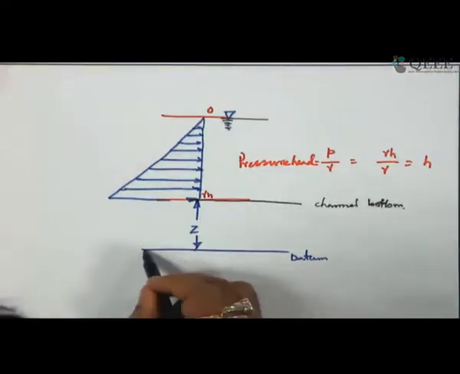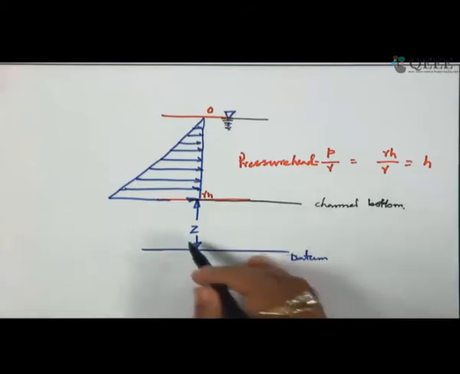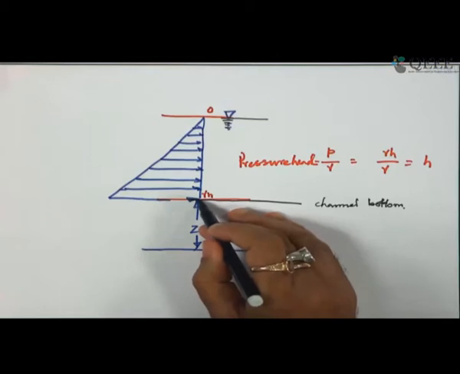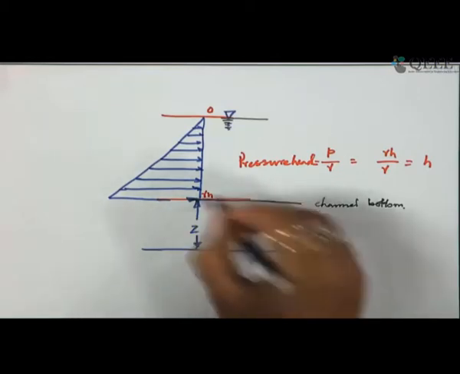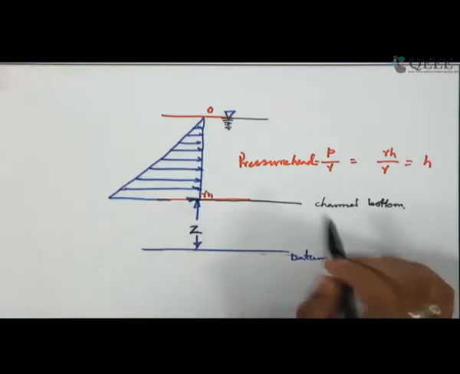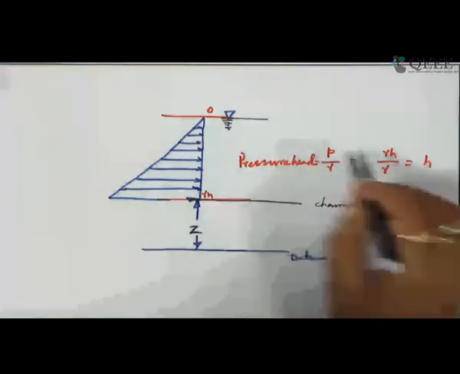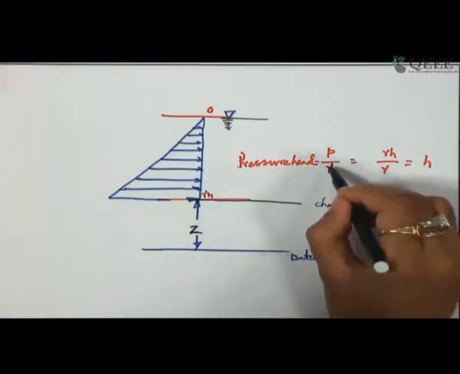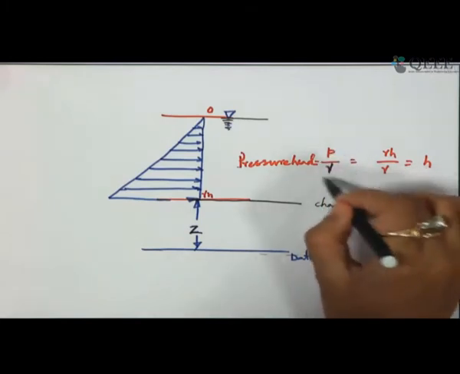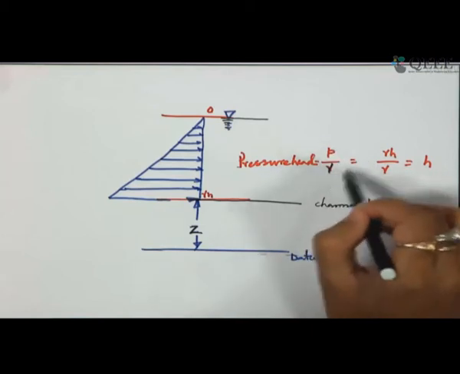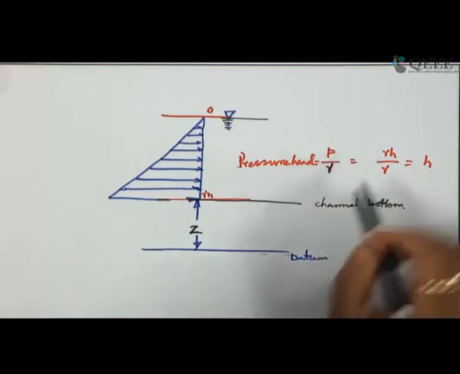Then this part as datum. So if we take the channel bottom portion, then this is our elevation head Z. Then one part will be pressure head. Pressure head is P by gamma. That is the usually known part we generally utilize in our Bernoulli's equation.